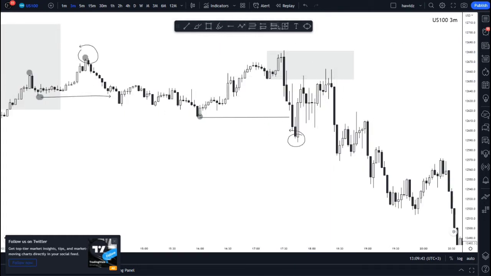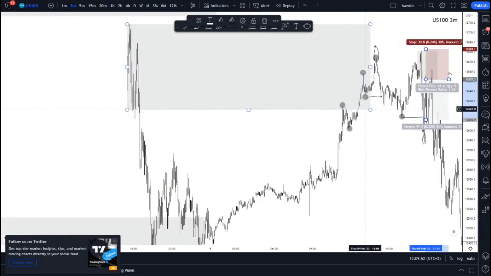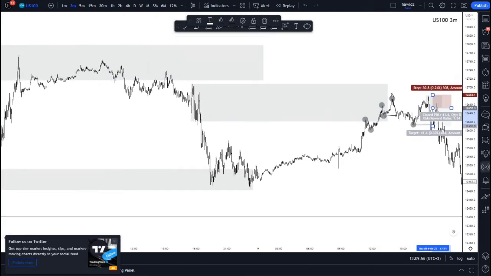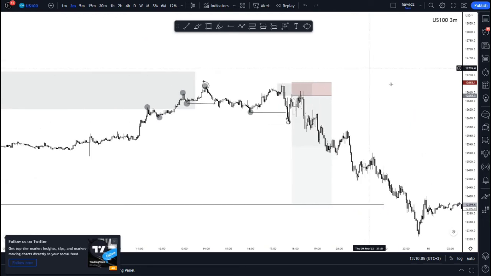Here's where our entry lay, just at the retest, and the stop loss was above the high. And of course, we were looking to target the overall lows right here, to make this a simple 1 to 8 RR trade.